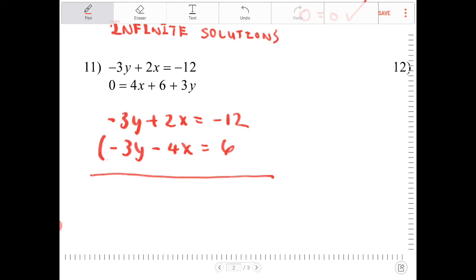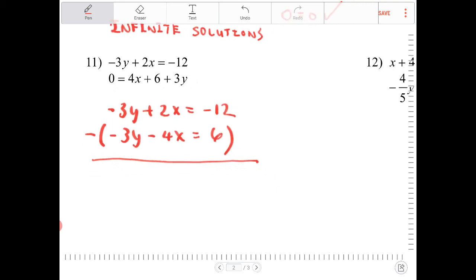All I've got to do now is multiply the bottom equation by negative 1 and add. So I'll end up with -3y minus -3y, that's just 0. 2x minus -4x, when we're subtracting, that becomes a plus, so that's 6x. And then -12 minus 6 will be -18. Divide both sides by 6, and I'll end up with x is equal to -3.